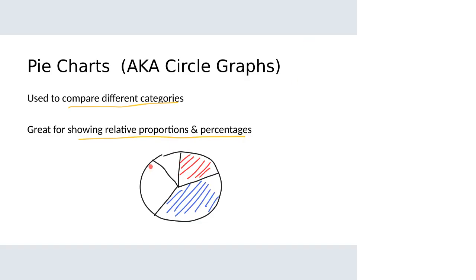I can't see any raw data in here, but at a relatively quick glance I can see blue's the most, yellow's the least. Red looks like about twice as big as yellow, and green and red look to be about the same. Those are the kind of things we can see at a quick glance on a pie chart.